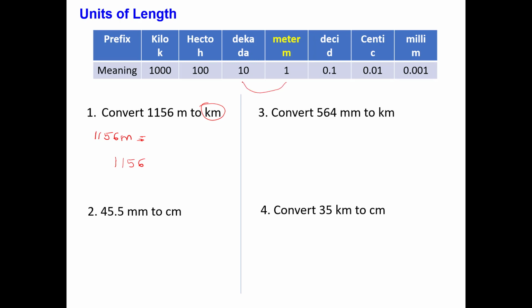Then 1, 2, 3, and we need to move 3 places to the left. And we will do the same. If it's not an explicit decimal point, we know it's at the end. Then we need to move 1, 2, 3. Then here now is the new decimal place, and it's 1.156, but it's not meters, it's kilometers.